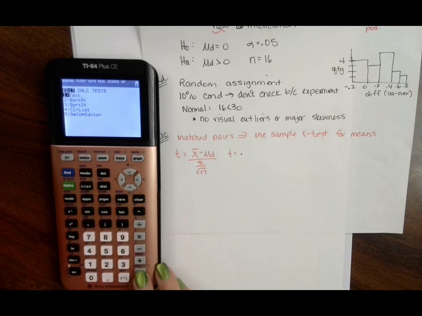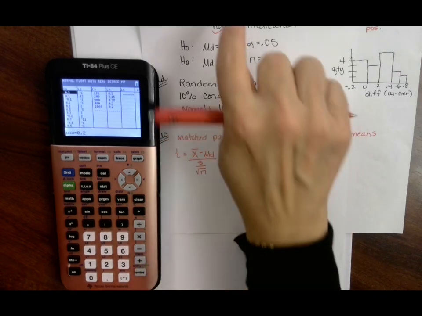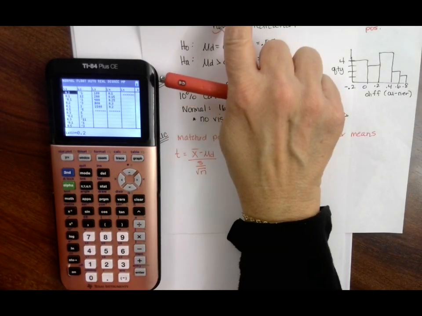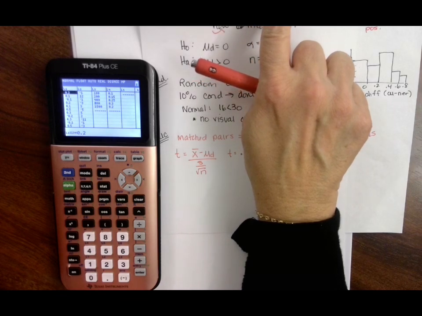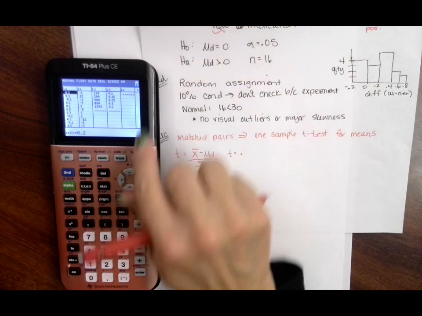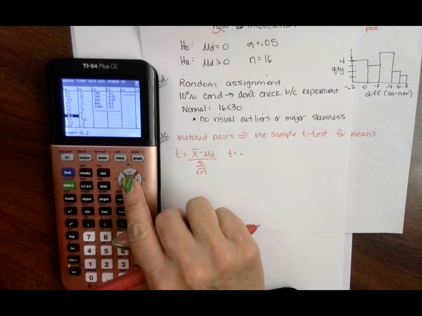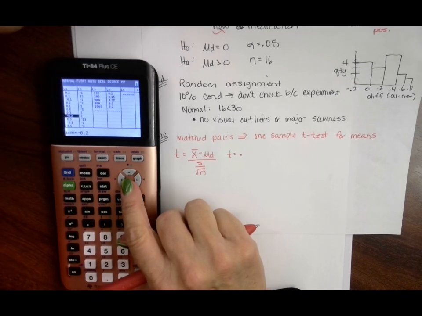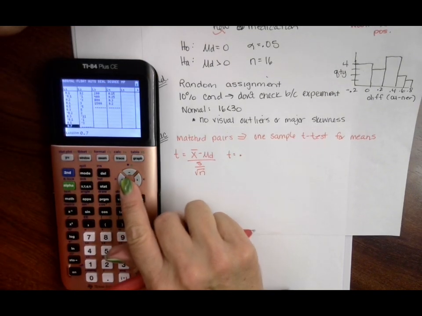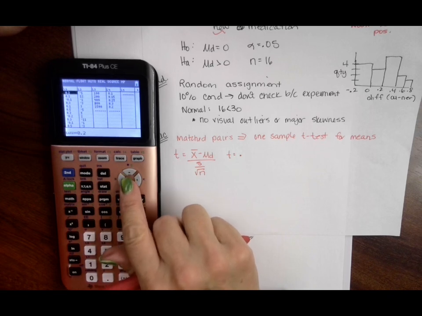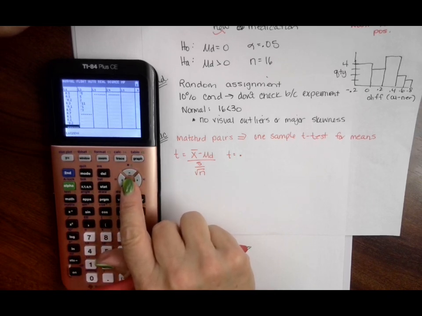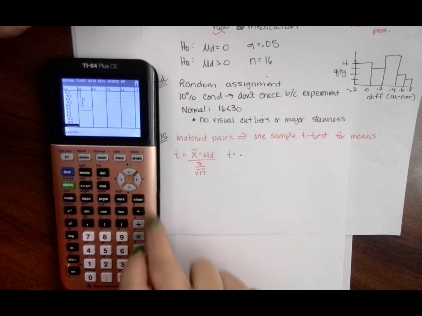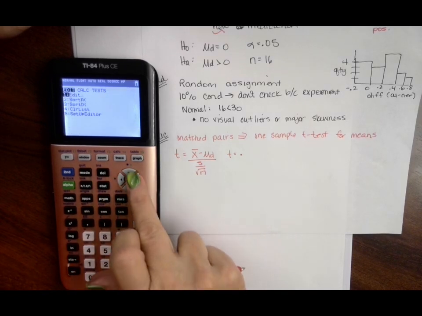Let me look at my data again. 2, 1, negative 1, 2, 1, 5, 3, negative... I'm missing one. That's why. Let me run it one more time.